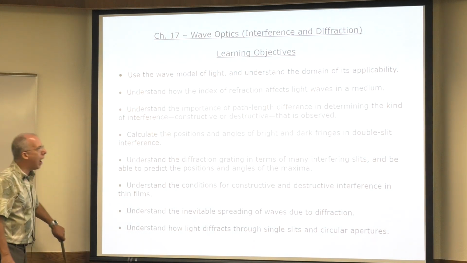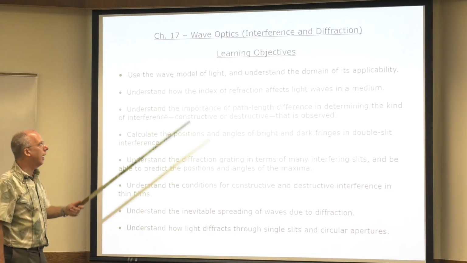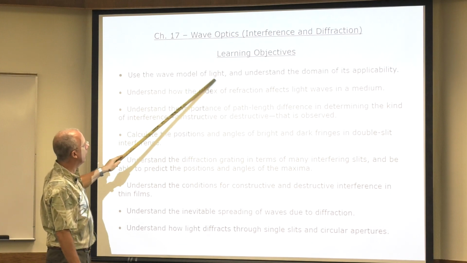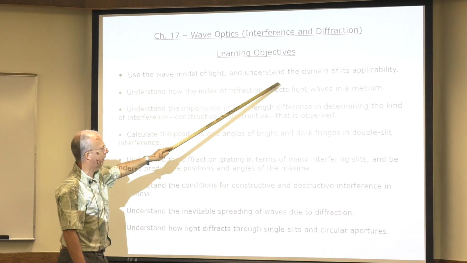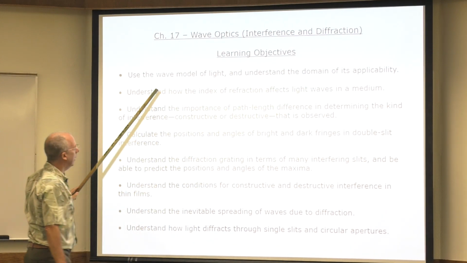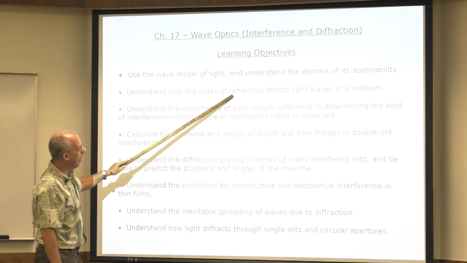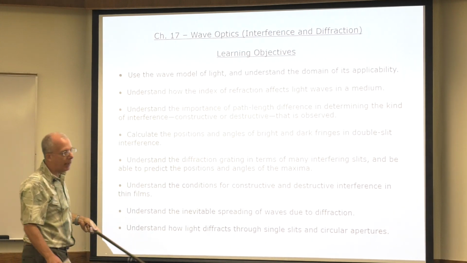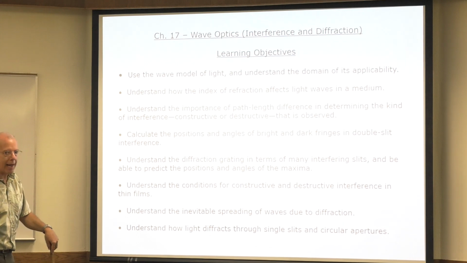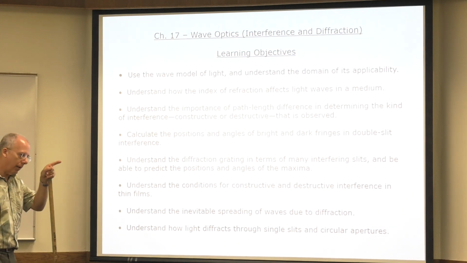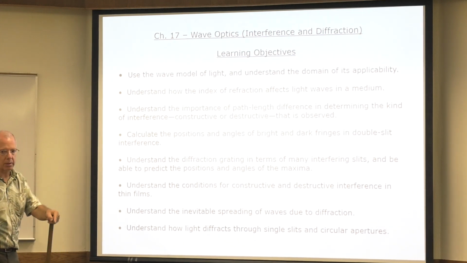All right, so my gosh, we did a lot this chapter. Wave optics, the wave theory of light. We use the wave theory of light, and we haven't talked about that yet. We will, don't worry. Understand how the index of refraction affects light waves in a medium. Light slows down when it goes from air or vacuum to something else like water or glass.